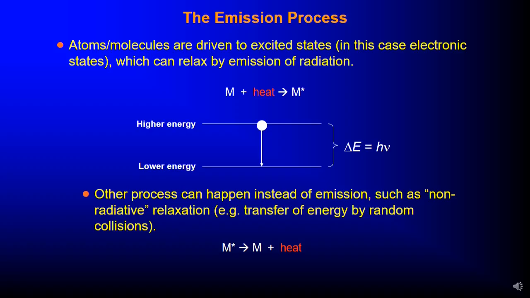That is what leads to what we call emission. Other processes can happen instead of emission, such as non-radiative relaxation, where we have transfer of energy by random collision. So that can also happen.